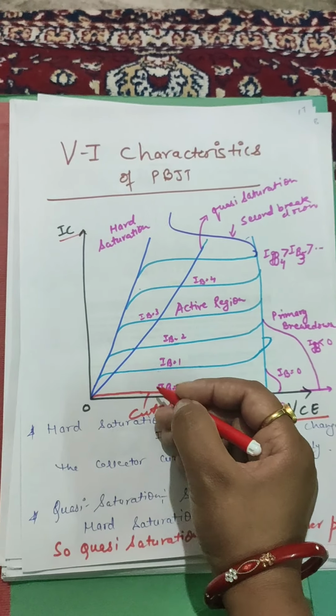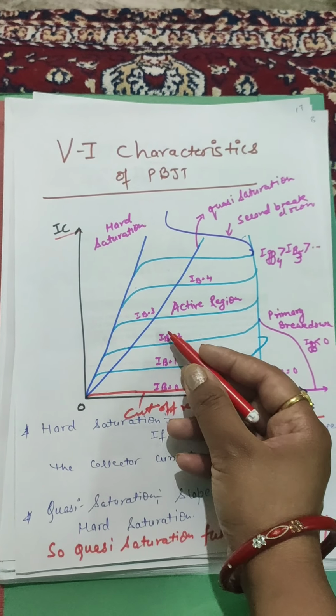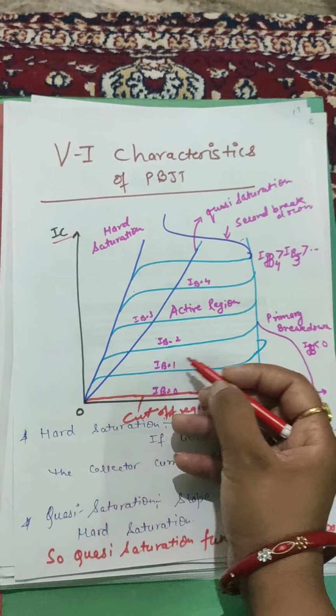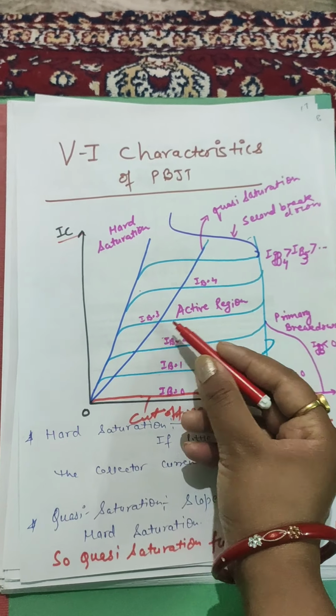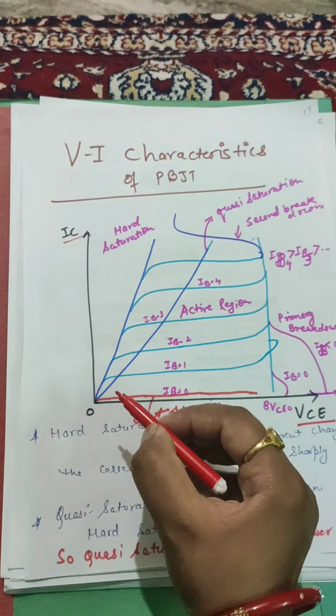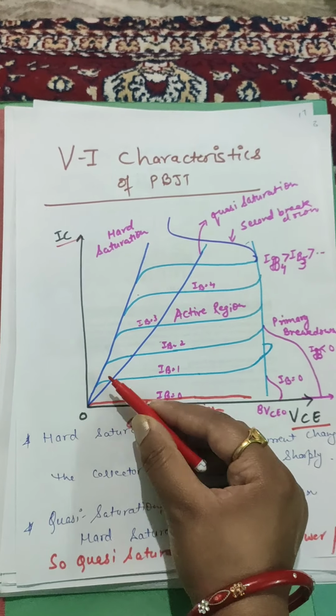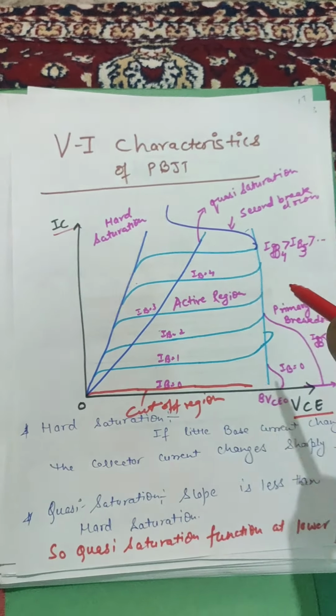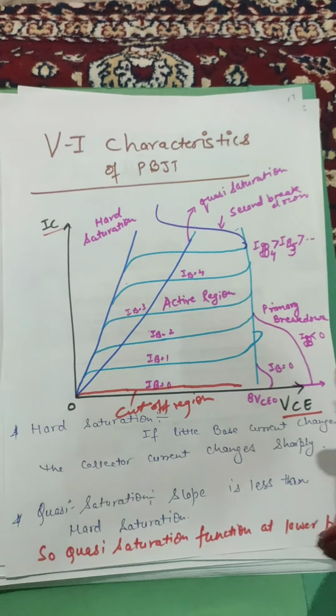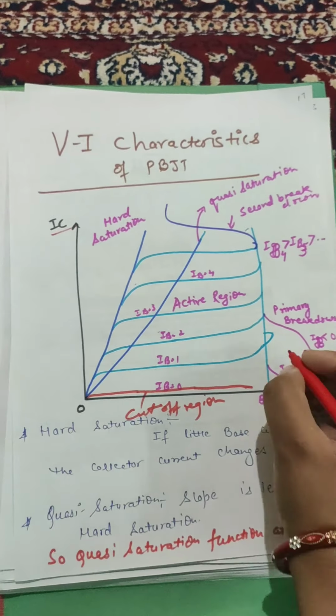After that, when the base current increases, we can see another graph. If we increase the base current, after a certain point we get the breakdown.